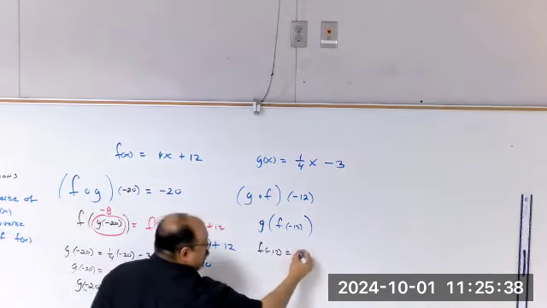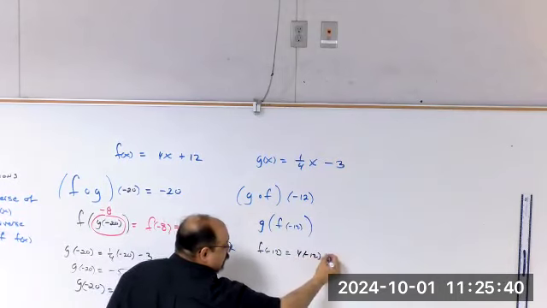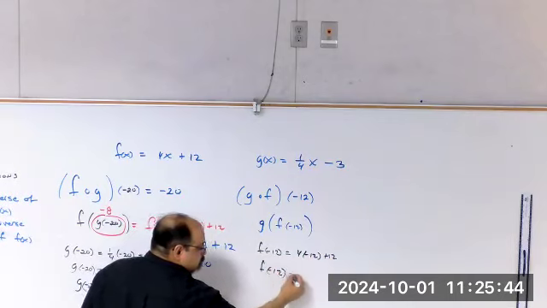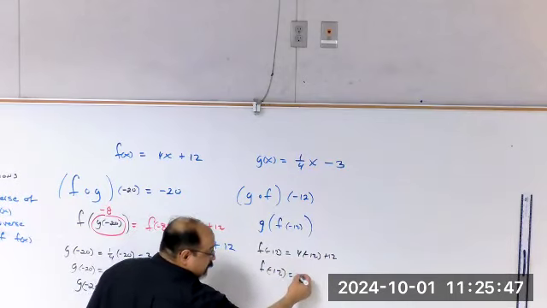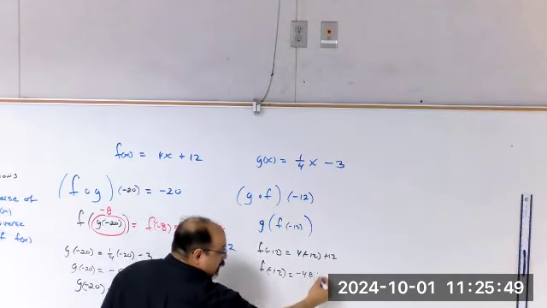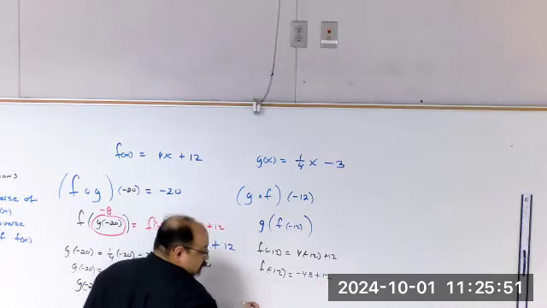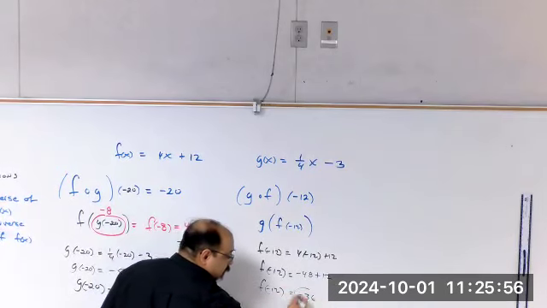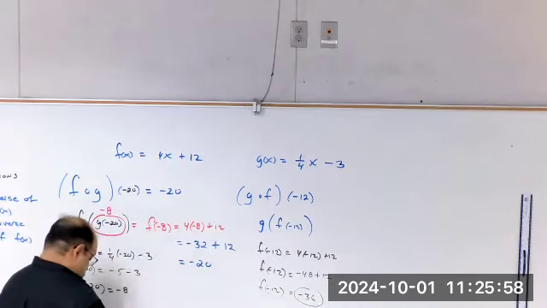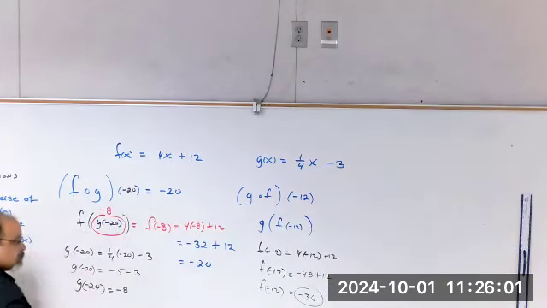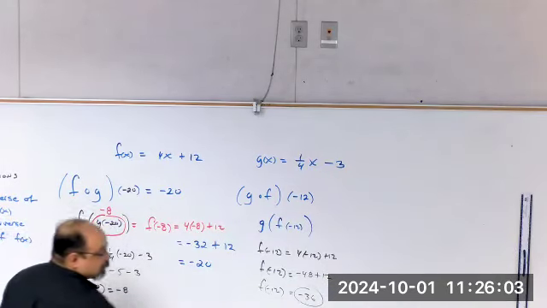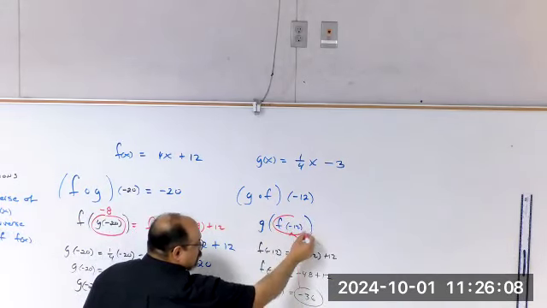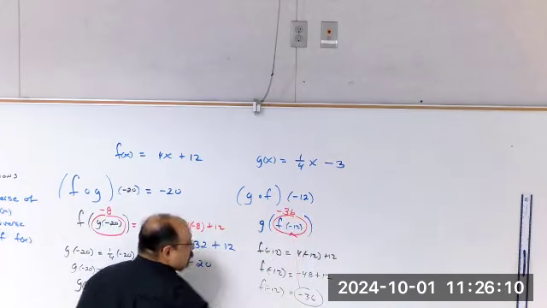So 4 times negative 12, and then we add 12. That's negative 48, and then we add 12. So F of negative 12 is equal to negative 36.